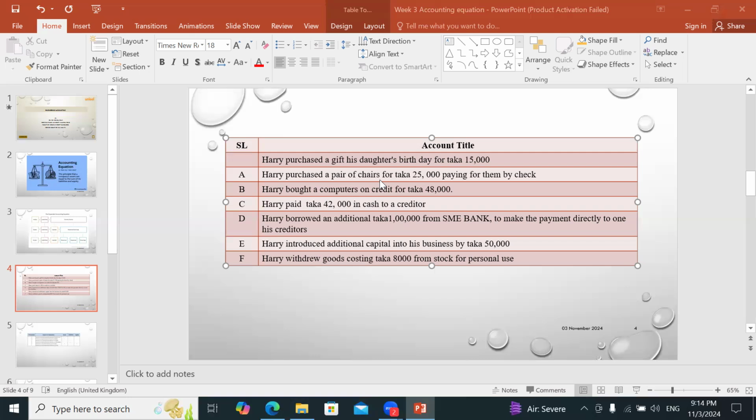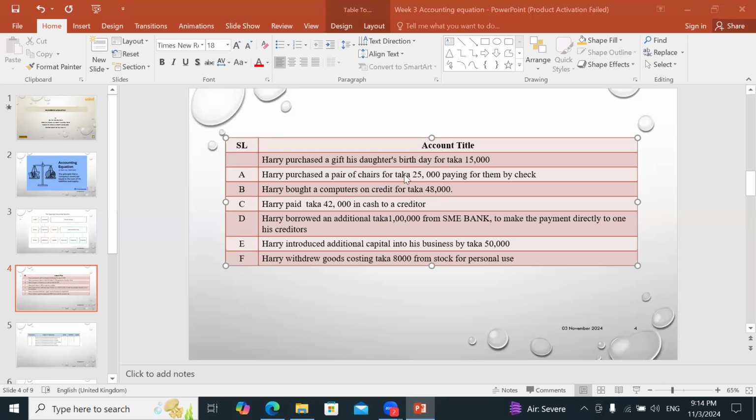Against that, you pay by check. A check is related to the bank. Does the bank money increase or decrease? Bank decreases. Bank is also another kind of asset. Cash and bank are at all times assets. So the bank account decreases.